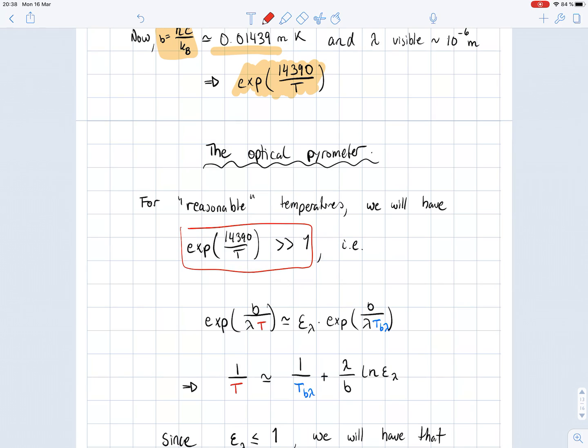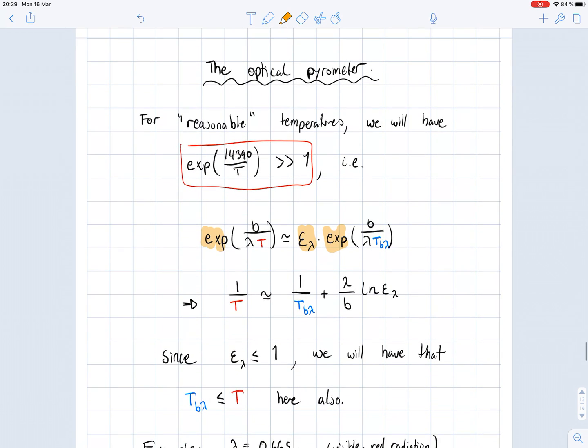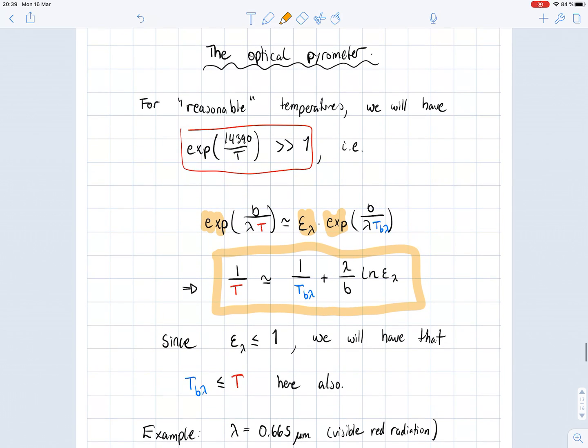We only have now the exponential function equals the emissivity for that specific wavelength times again an exponential function. We can solve this by taking the logarithms, bringing us here. And as we know, epsilon lambda, that is the spectral emissivity, will always be smaller or equal to 1.